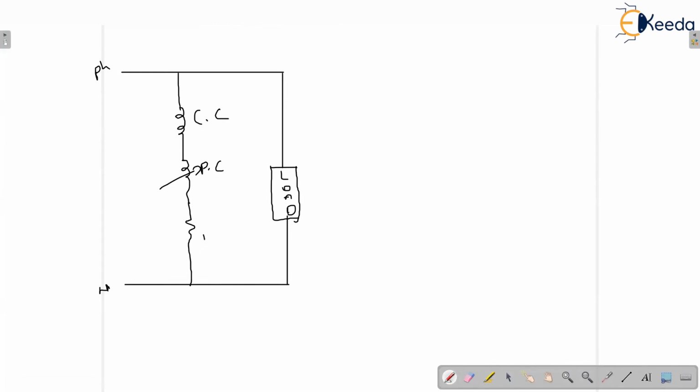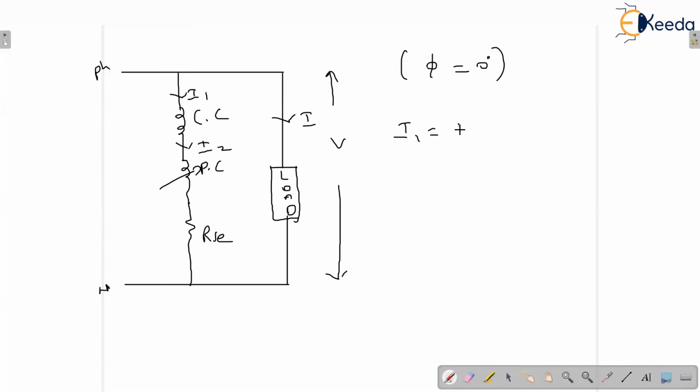And this is RSC, the resistance of my pressure coil. A total current, this is I1, I2, and V is the voltage across the load. Anyway, I1 and I2 are connected in series. Since phi equal to 0 degrees, I1 is equal to I2 is equal to V by RSC.